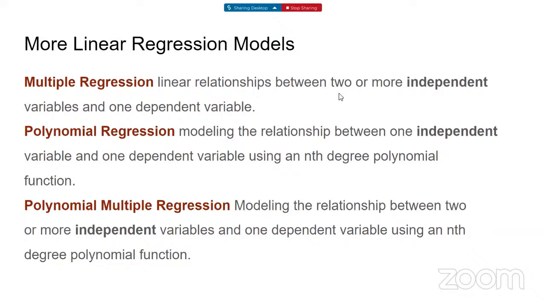And we'll also mention polynomial regression, which means you are not just doing x, you are doing the nth degree on the variables, which means x squared or x cubed with the target variable. Polynomial multiple regression, which means multiple variables and polynomial, is actually rarely used.